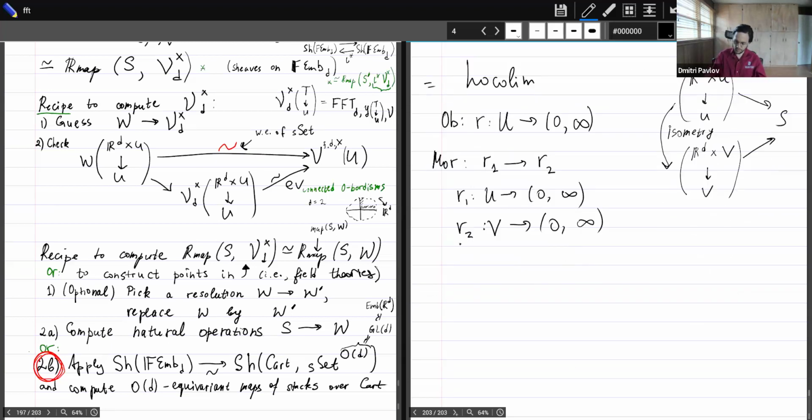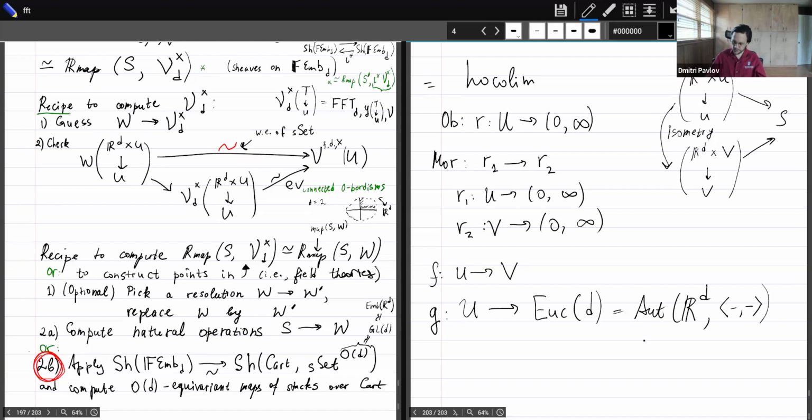Well, these morphisms will be given first of all by a function f from U to V. And then I will also need G. G will be a smooth map from U to the Euclidean group of dimension D. So let's recall this is just automorphisms of R^D with a standard metric.